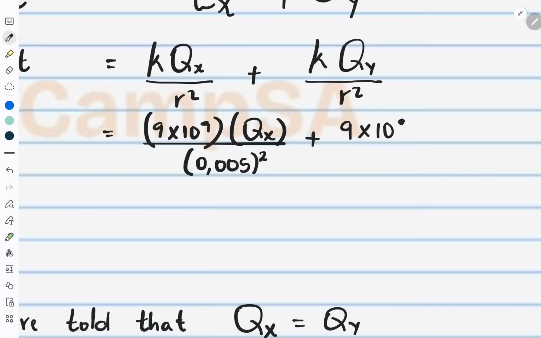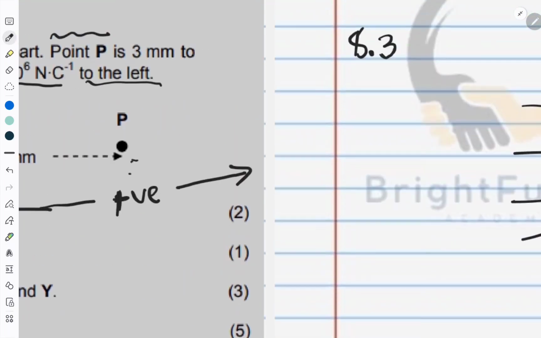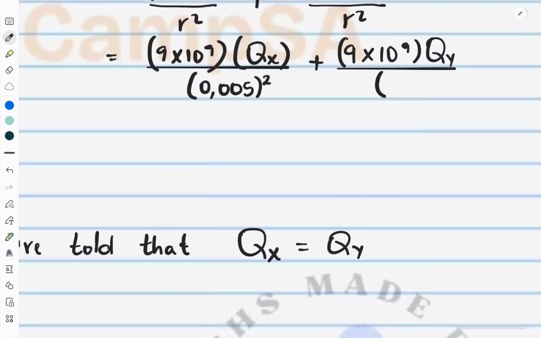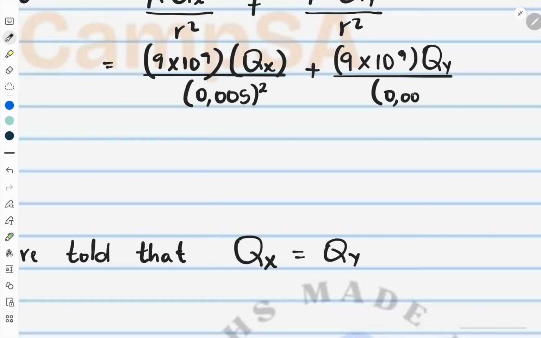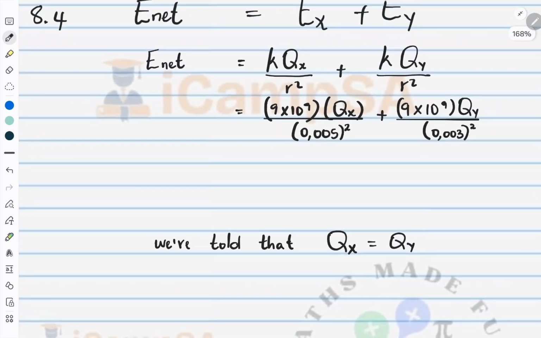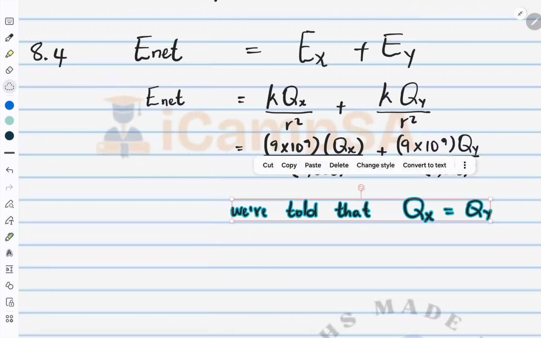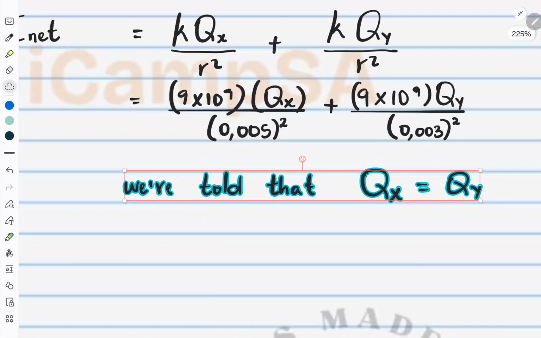How far is Y from P? We come here, we check. It is 3 millimeters. That's 0.003 meters, sorry. And at this point, this is where we can substitute QY with QX. Right.